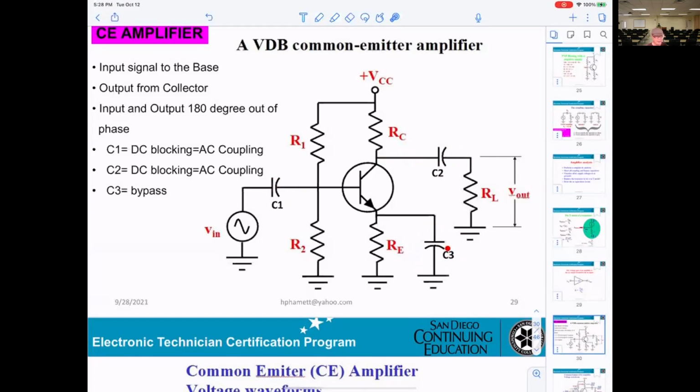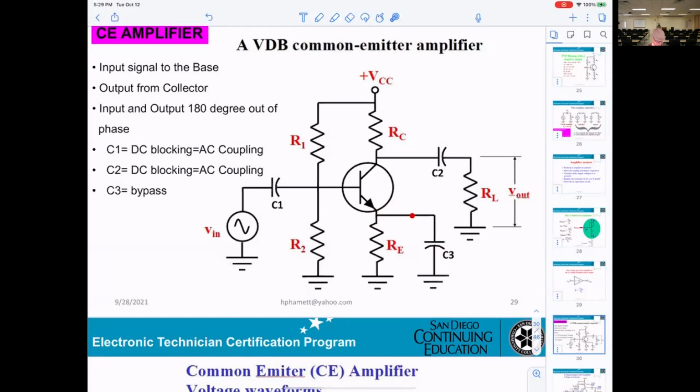C3 gets the name bypass capacitor. That means at the emitter here, if you measure the AC signal, you're supposed to get 0, because the capacitor will be shorted to the ground.